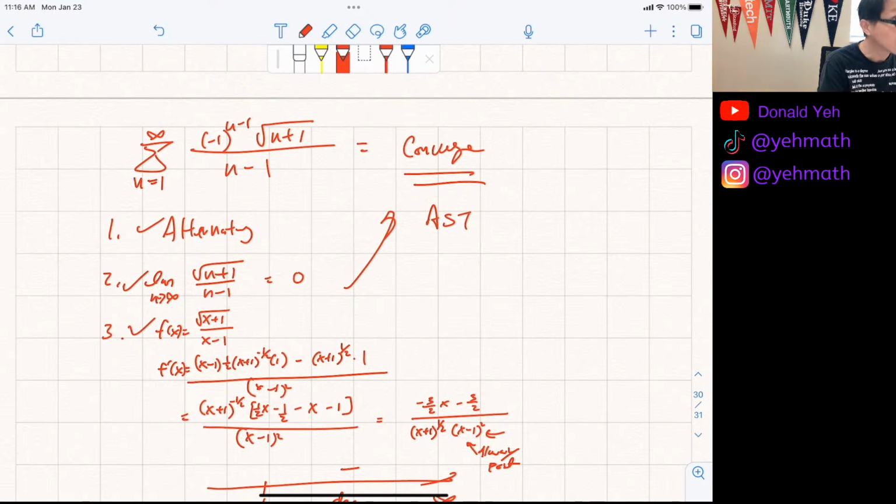You're lucky. By the way, tomorrow we're going to talk. I will give you a review sheet a little bit earlier so you guys can work on it. Tomorrow we're going to talk about the error and the absolute and conditional convergence.